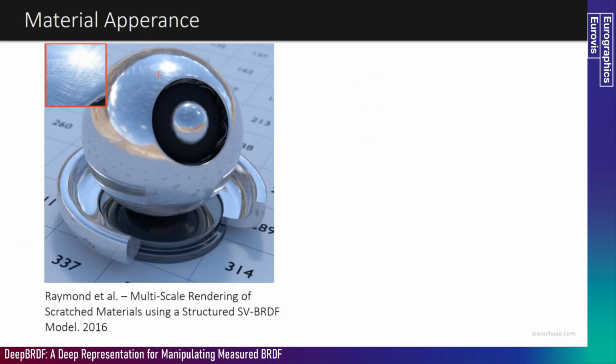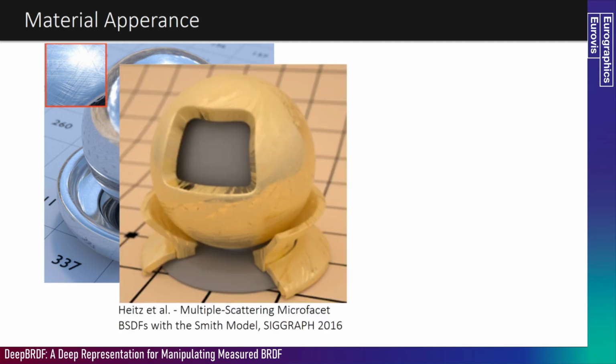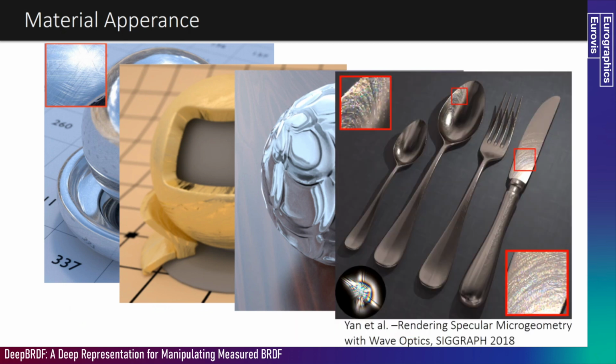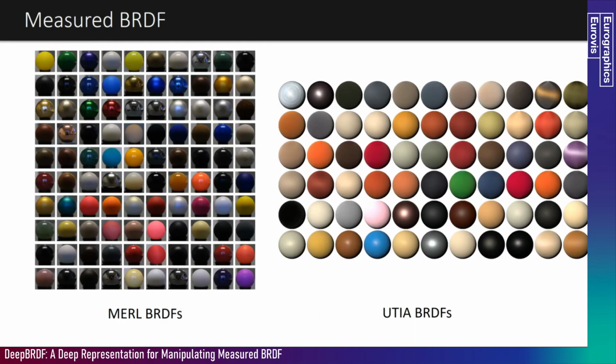These analytical models are specially designed to capture high-frequency glints, multiple scattering, surface bumpiness, or even wave effects. Despite these successes, analytical appearance models are still limited. The appearances that can be modeled are restricted by the scope of the underlying analytical expressions.